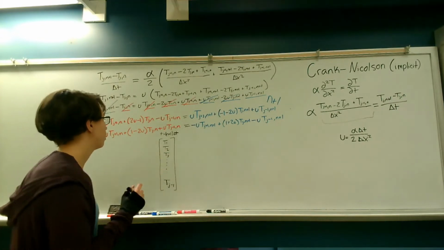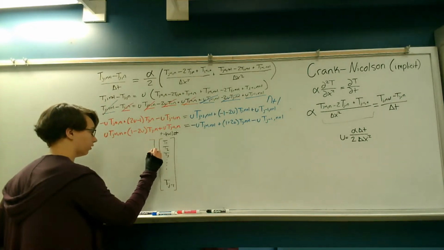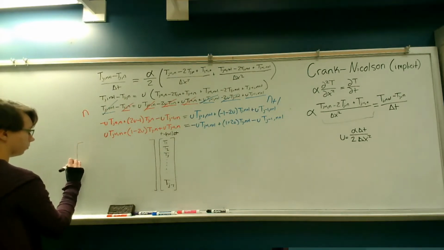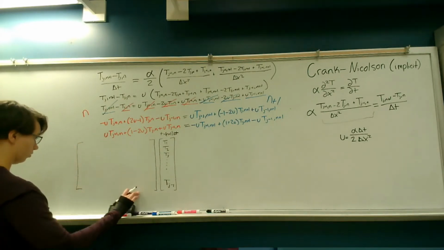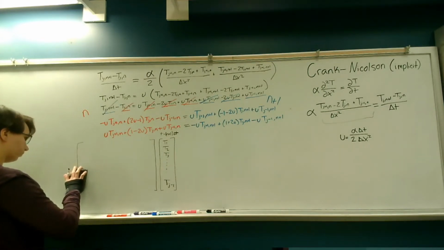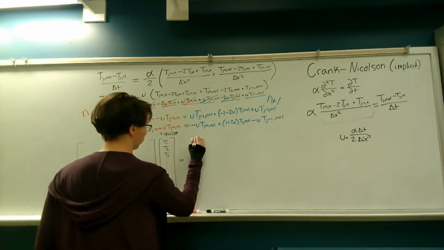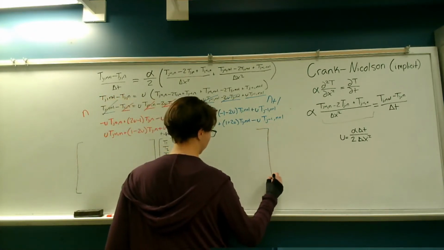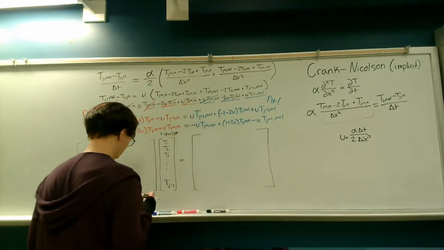Okay, so these are what we're solving for. These are our unknowns. And then we're going to multiply this by another matrix, and then it will equal a different matrix.